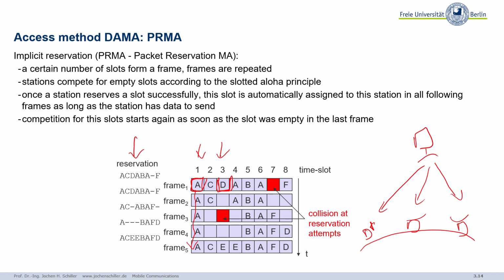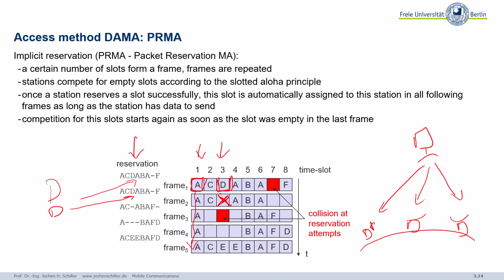On the reservation list, the satellite tells now that for our time slot number 3, D occupies this. But the satellite cannot actually foresee when D stops sending. This is why the satellite says, okay, D occupies this time slot number 3, and then D suddenly stops sending. Here I mark this time slot.